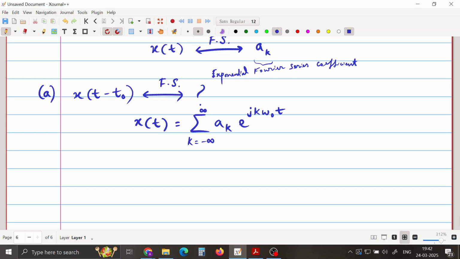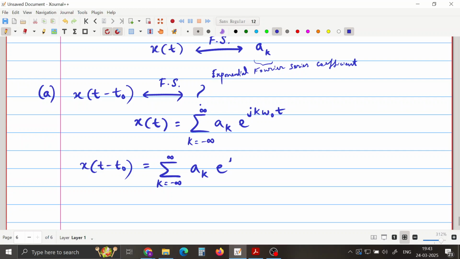Now my modified signal is x of t minus t naught. This function will have a corresponding exponential Fourier series representation. Basically what you need to do is, on the RHS, replace t by t minus t naught. That's it.